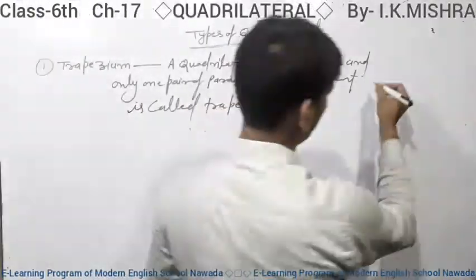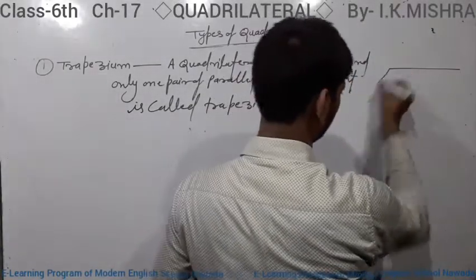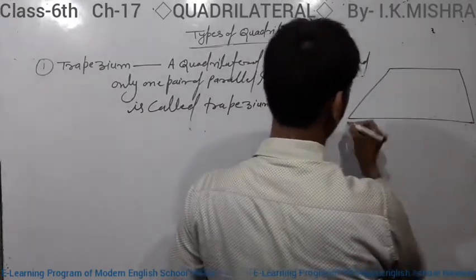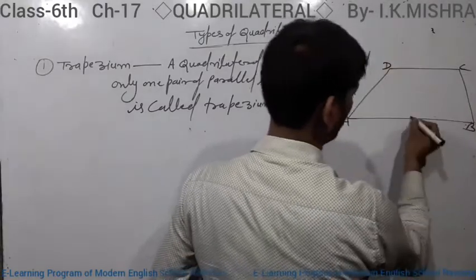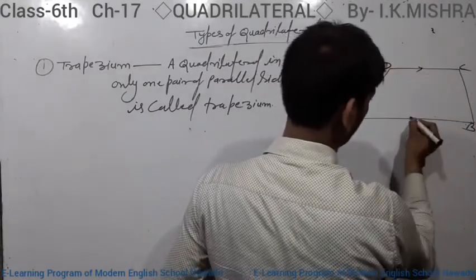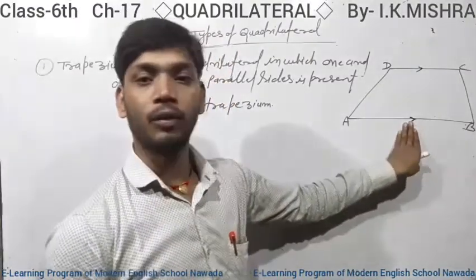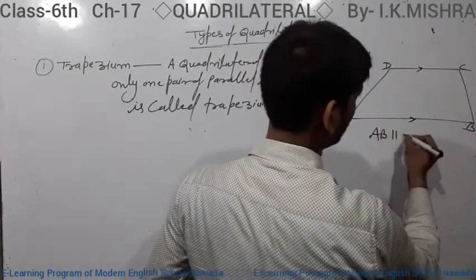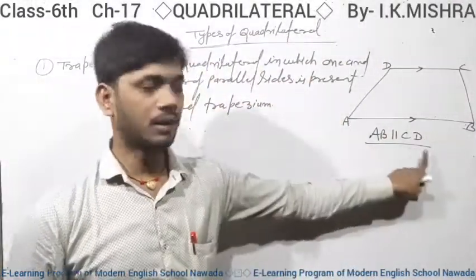Students, here I draw a figure. A, B, C, D. Here AB and CD are two sides which are parallel. Here AB is parallel to CD.